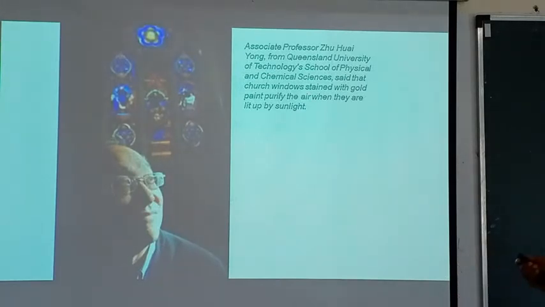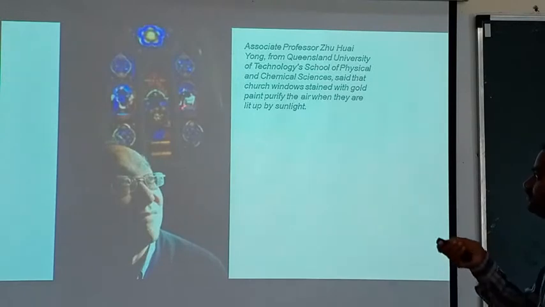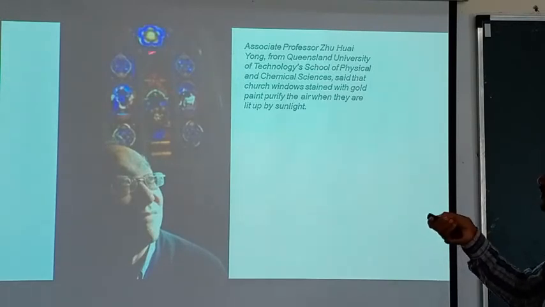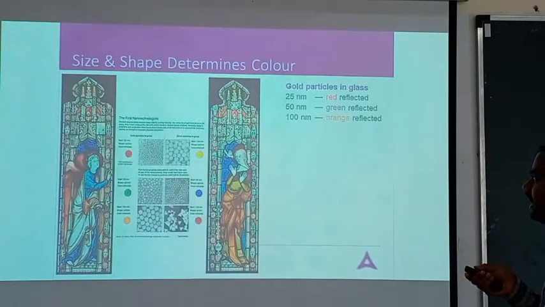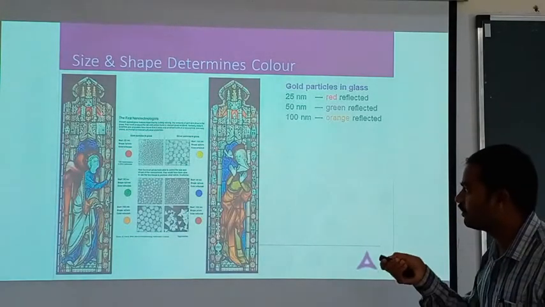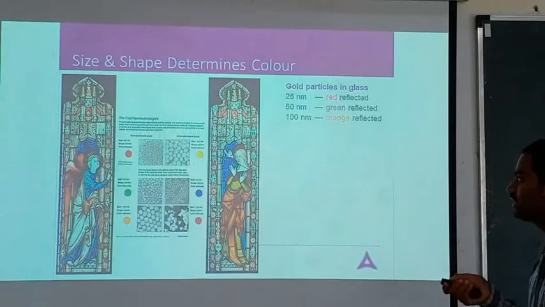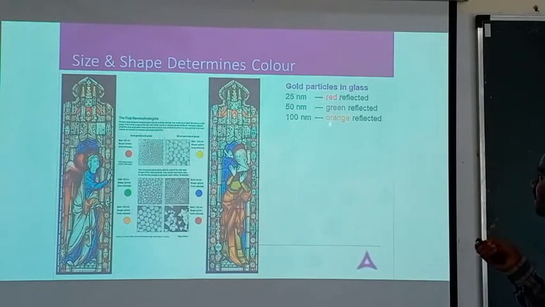But Professor S.G.M. from the Queensland University of Technology, School of Physical and Chemical Sciences, said these church windows were stained with gold paint, which works to purify the air when lit up with sunlight. What happens with that? You can find a nice picture on the windows of that church. And here is the range of gold nanoparticles they used in ancient times, having different colors.